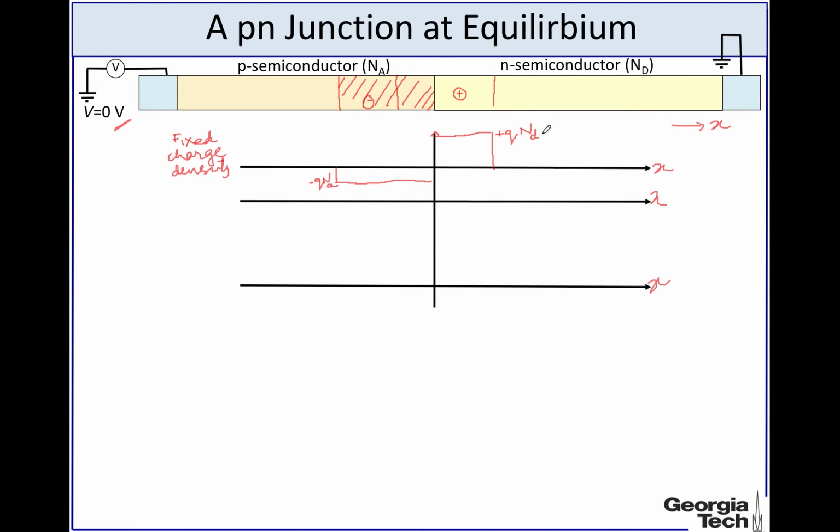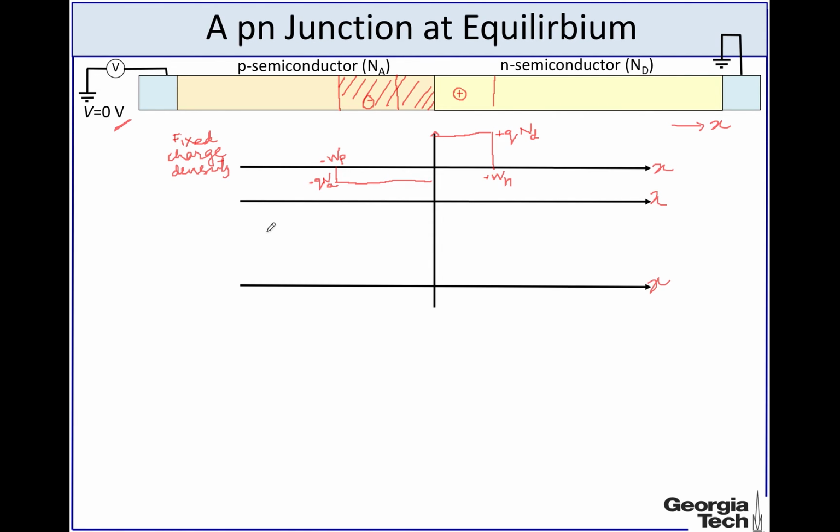We are using subscripts of small letters A and D. Say this width is negative W_p and this is positive W_n. These are the depletion widths in the p side and the n side.